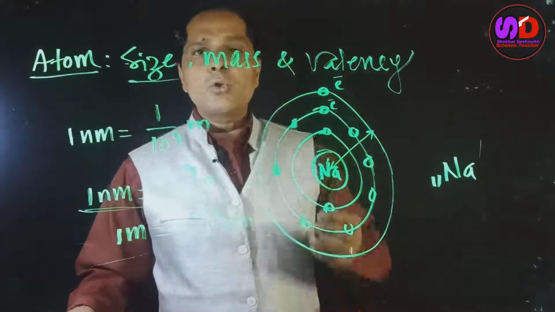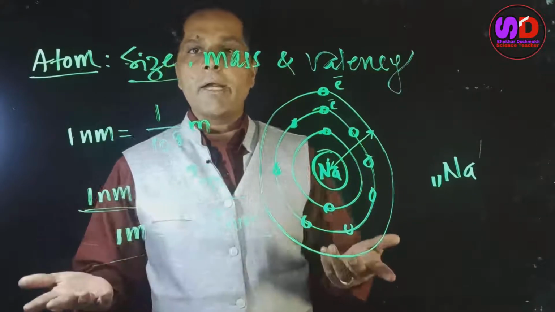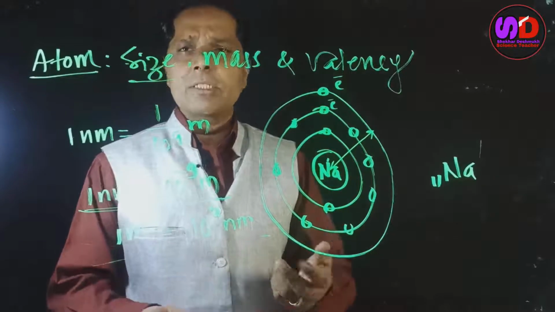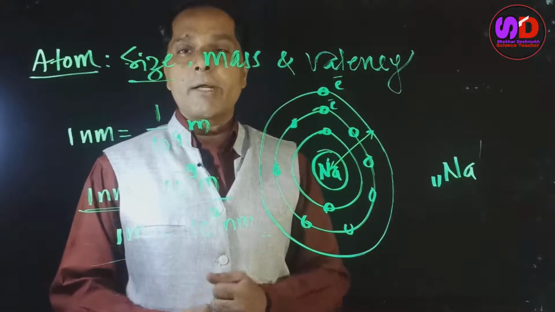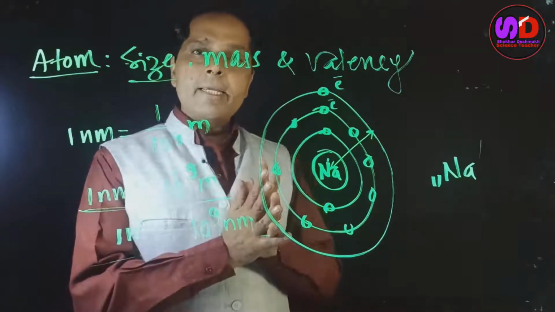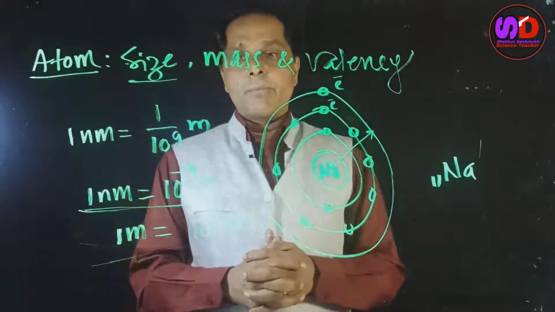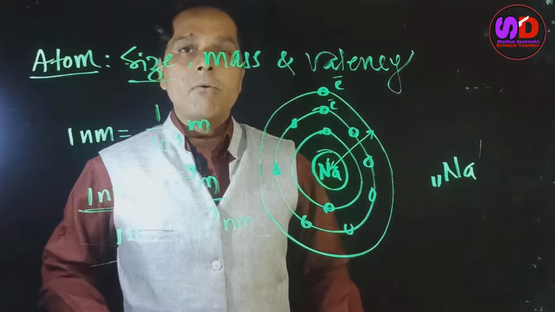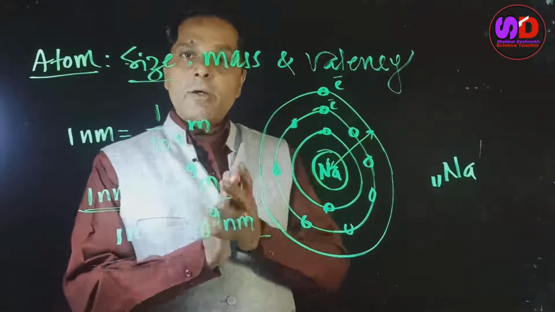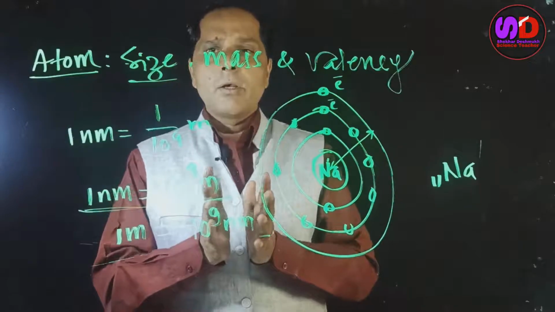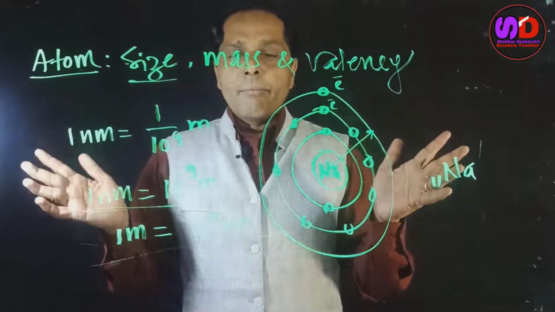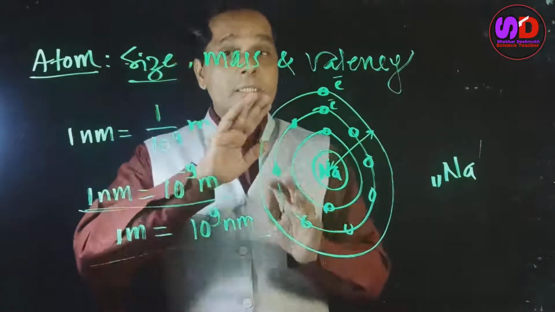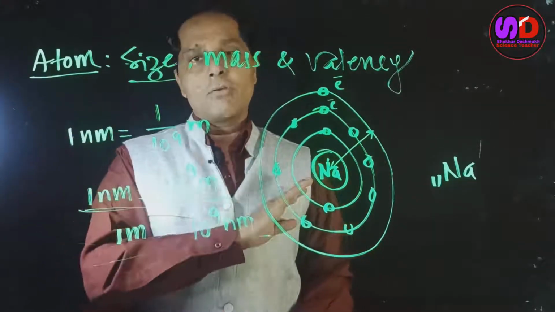The size is so small that we cannot see the atom using a compound microscope. For that, an electron microscope or field ion microscope is required. These microscopes can magnify the image so much that we can see the atom, but we cannot see the internal structure of the atom.